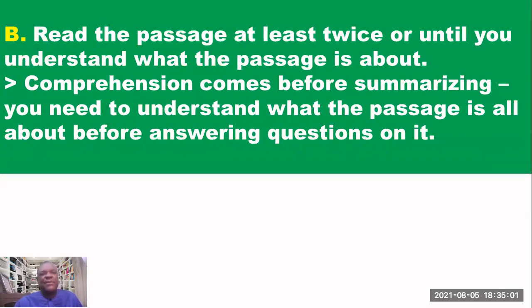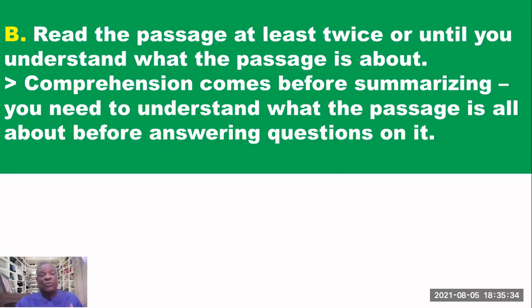Now let's look at the B aspect of the reading. B, read the passage at least twice or until you understand what the passage is about. Now, it all depends on your reading speed. Someone who has a high speed of reading and a high degree of comprehension, because you need to train yourself to be able to read at a fast speed.